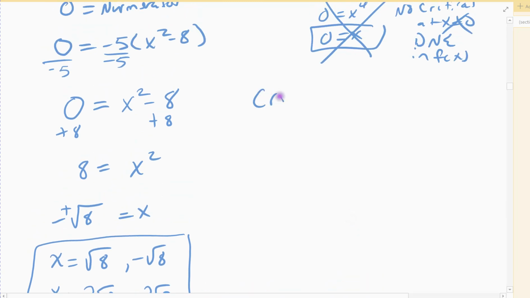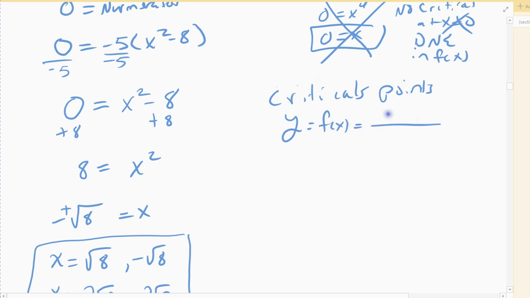So, the critical points. Again, I'm not going to graph this one. I'm just going to find my critical points, because I was really just looking at the algebra. The y comes from the original function, f of x, which was 5 times 3x squared minus 8 all over x cubed.